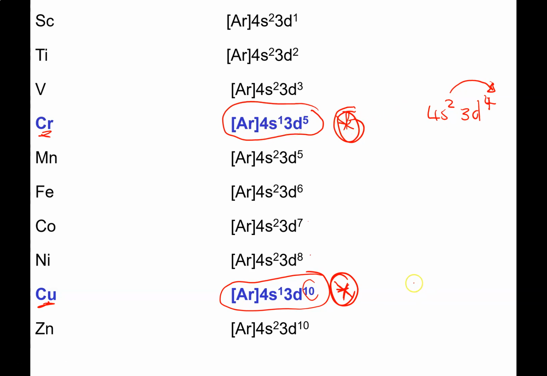And the same has happened for copper. Instead of it being 4s2 3d9, which is what we might expect, an electron has been stolen from the 4s subshell and moved over into the 3d subshell. So there are these two exceptions in period 4, and we do need to know them.